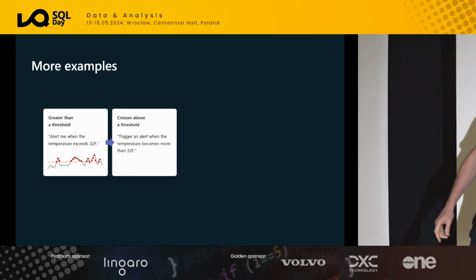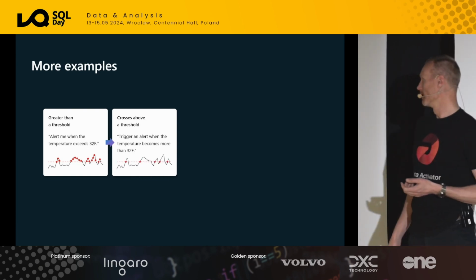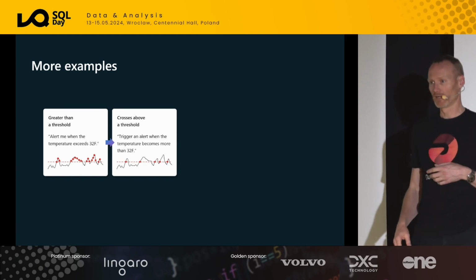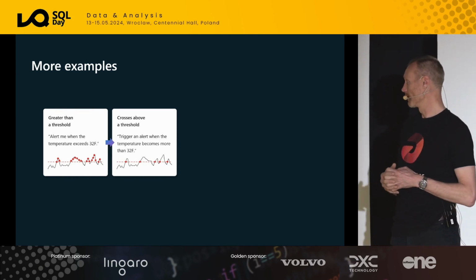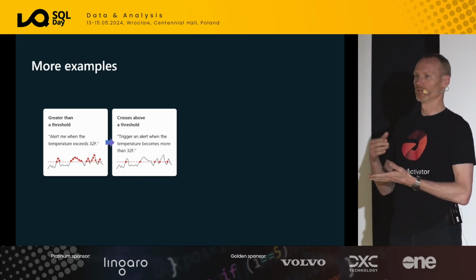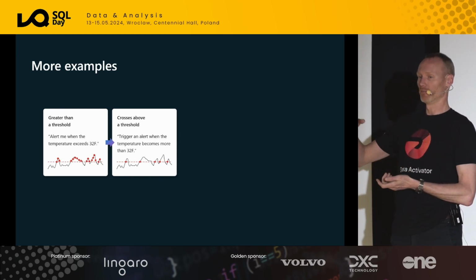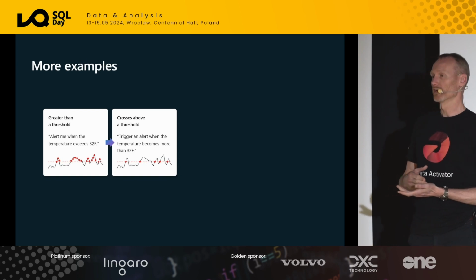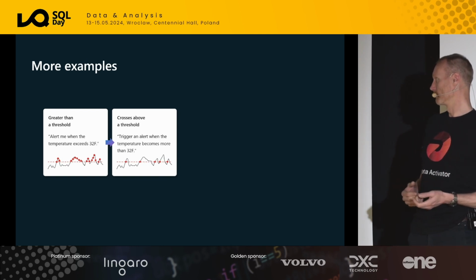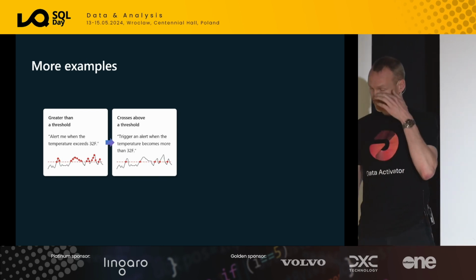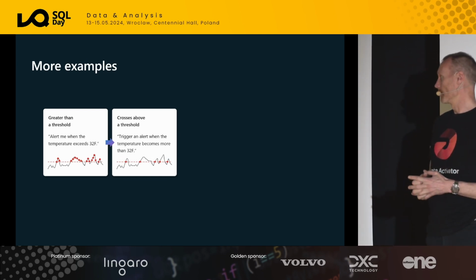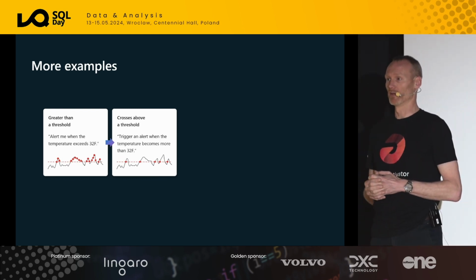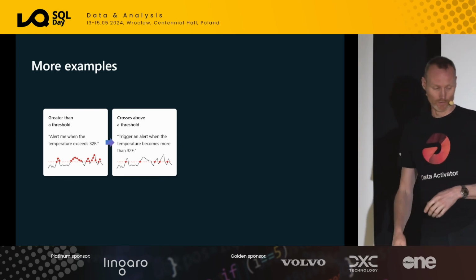And the same data is coming in here every 5 minutes, but you can see from this chart that we will get significantly fewer alerts because we only send an alert every time it goes above, and then when it goes below 32 degrees again, we can send another alert. If you want to do this today, then you would probably have to build pretty complex logic in some custom code.